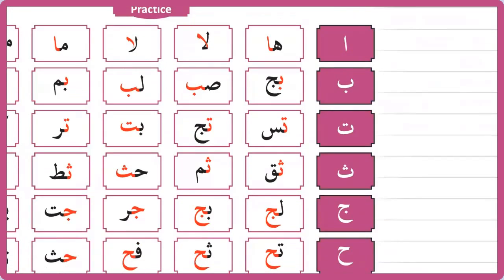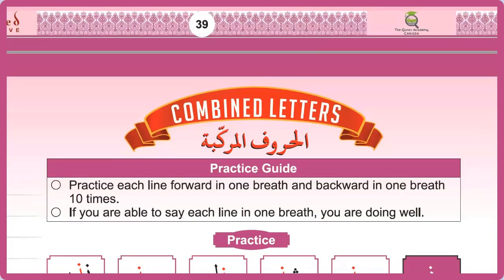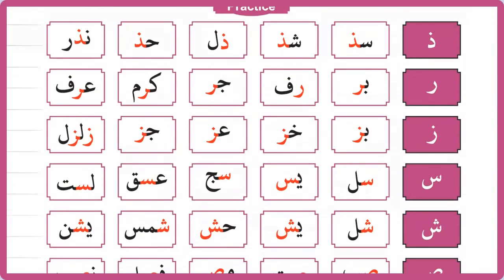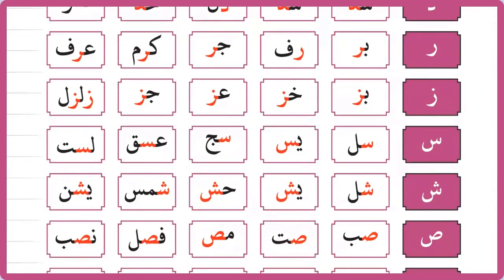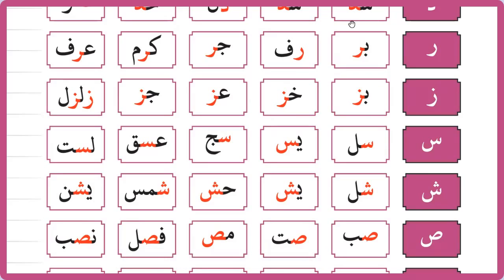So here I want you guys to try these settings, right? How will we read these letters? This is a combination of letters, like we can say there's a combination of 2 letters here, like seen and dal.